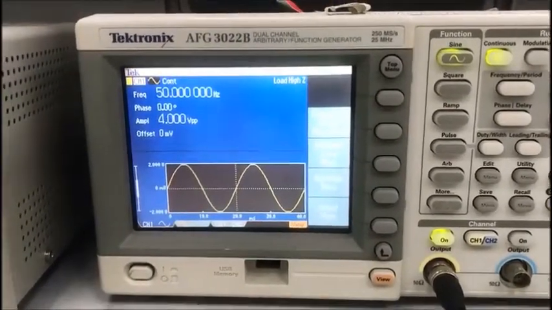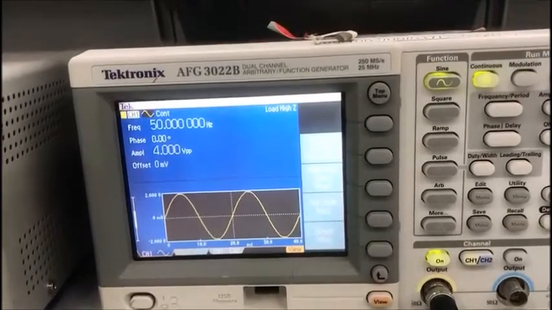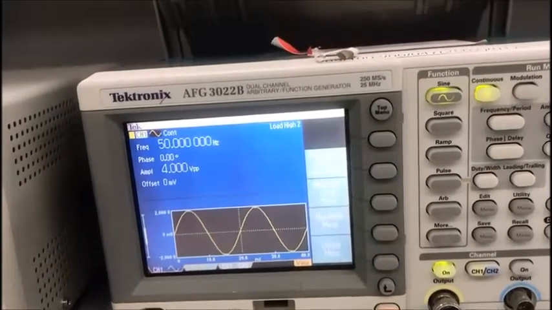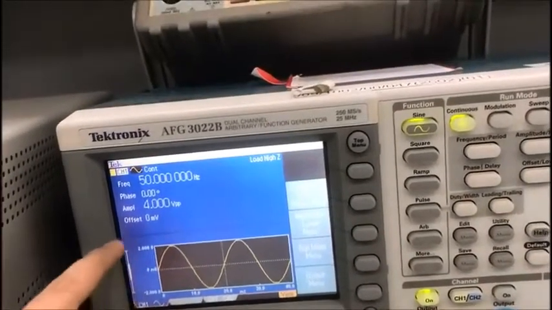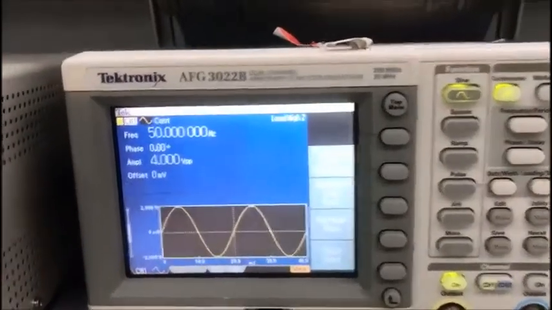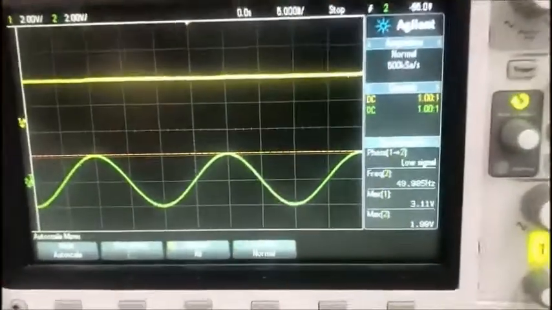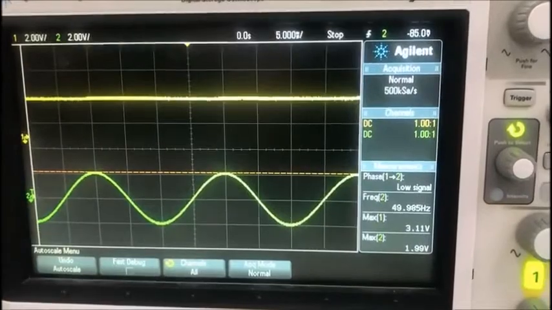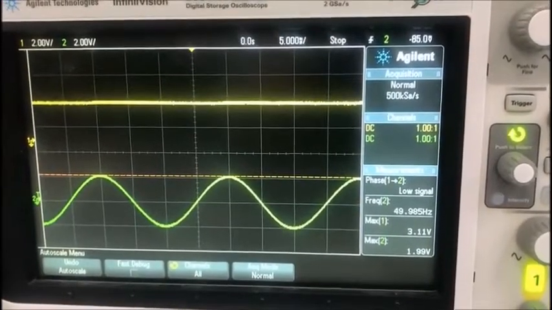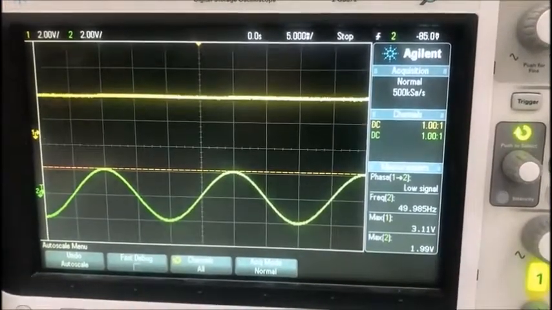We set the amplitude to 4 volts peak to peak, so the maximum is 2 volt. For the output, we connect to the oscilloscope.